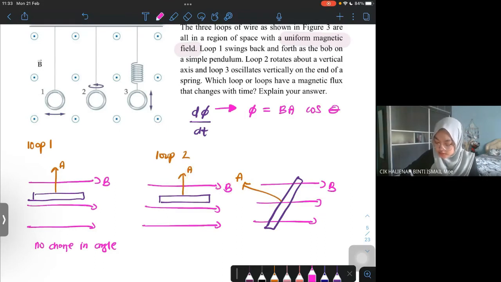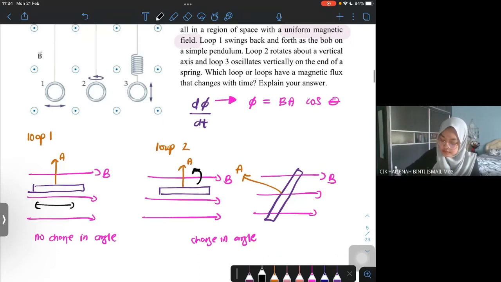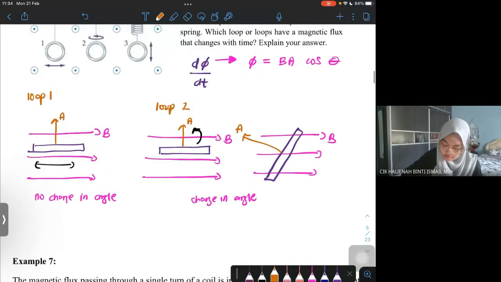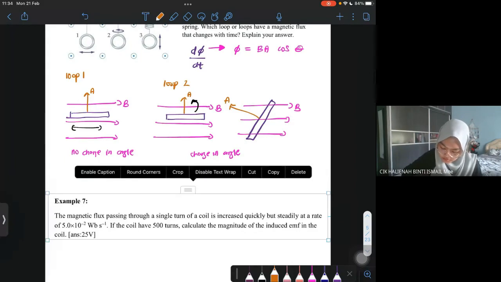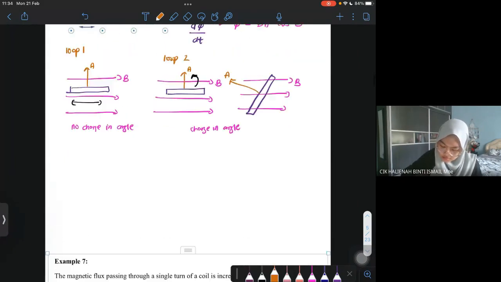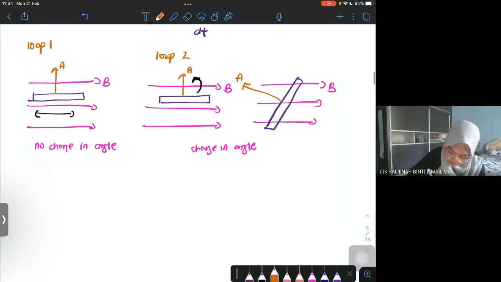There is a change in angle because dia rotate macam tu. Dia tidak bergerak macam yang first one. First one is just from here to here. This one kita akan rotate. And then loop number 3. Okay, loop number 3.